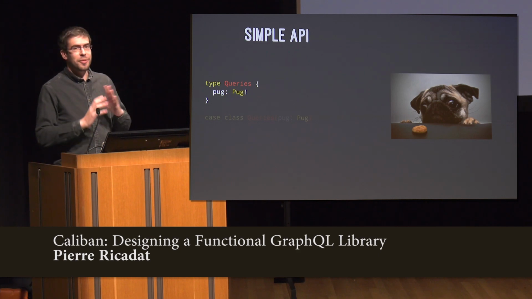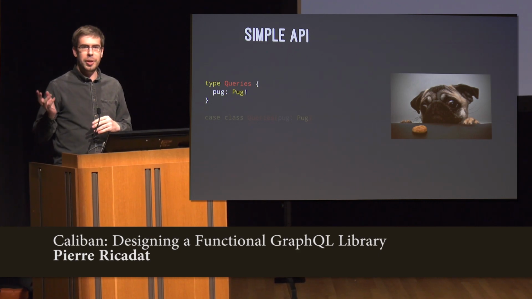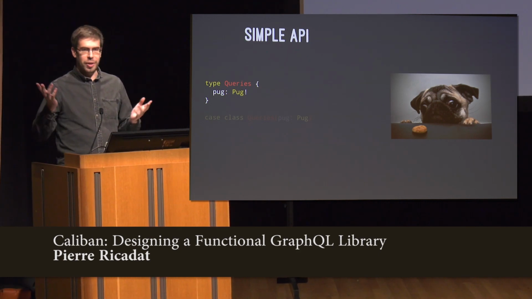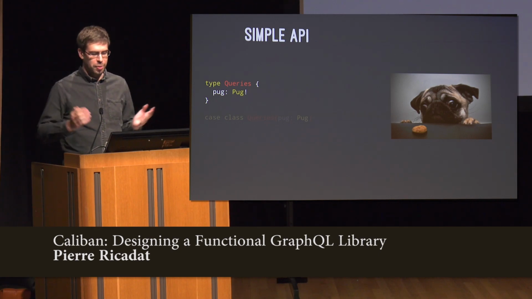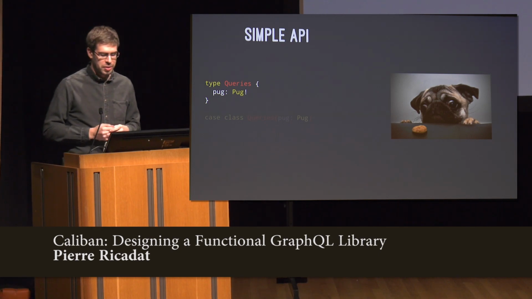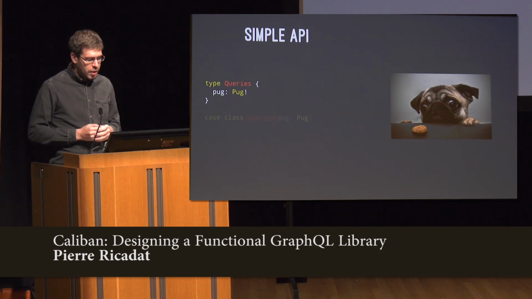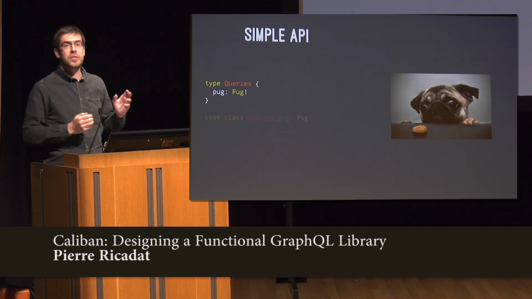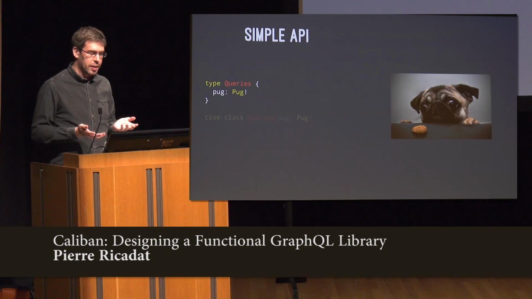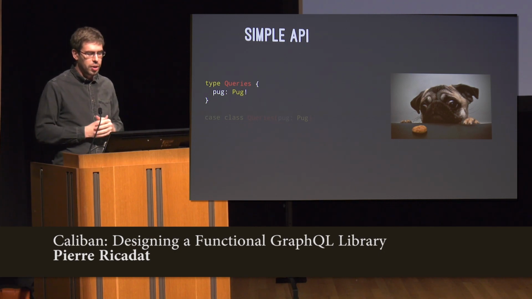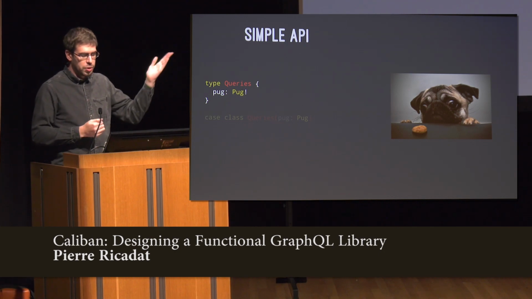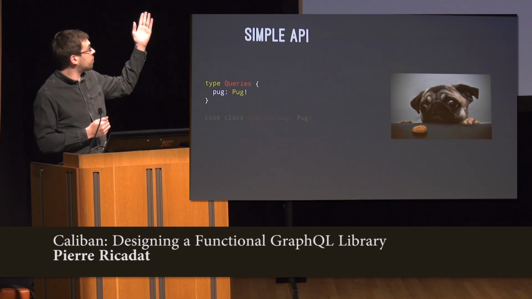So let's start with a very, very simple API that returns a random pug with a picture, for example. That's the reason I use Instagram, basically. On the top you can see in the GraphQL format what a query looks like. It has a field called pug that returns an object of type pug.